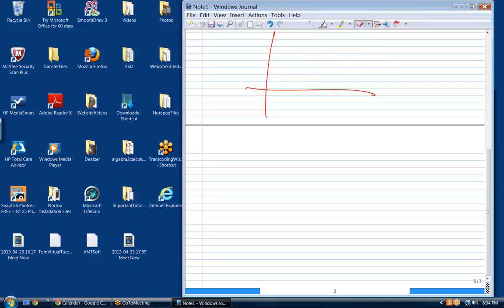rectangles that are perpendicular to the x-axis. But if I have a function like this, or relation, and I want to find the area between those two curves, it makes more sense to break it up into horizontal rectangles and sum those.